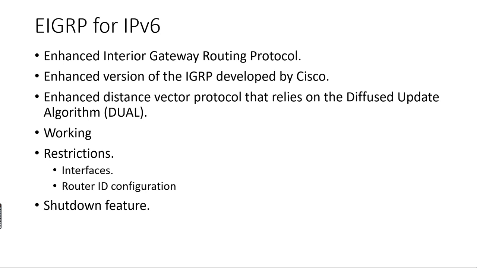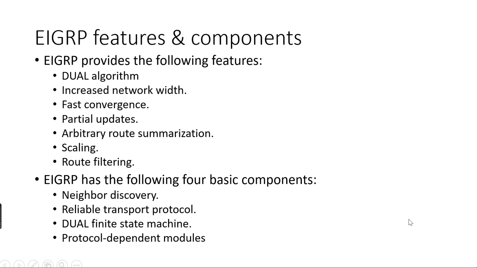And one more unique feature is the shutdown feature. EIGRP for IPv6 has a shutdown feature, but you have to make sure that the protocol is in no shutdown for its proper functioning. So these are some basic introduction to the EIGRP protocol.